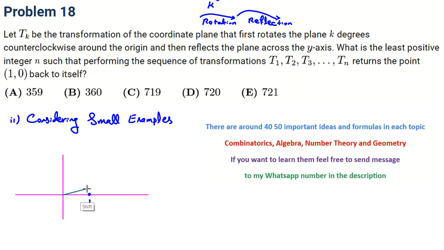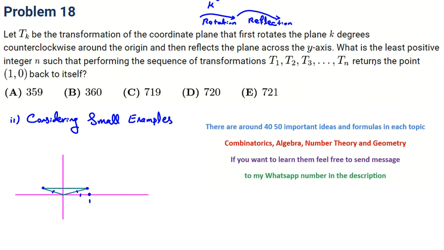And then we reflect it about the y-axis, so it will be this. So we will reach this point. Now we know this length equals this length equals this length, so the length equals 1. From the origin, if we find the angle, then we can find the point.